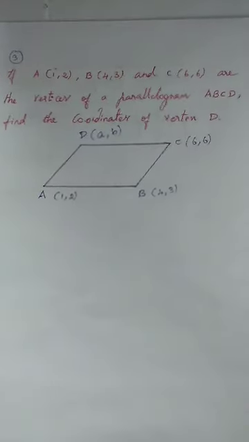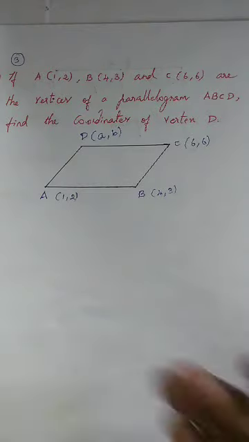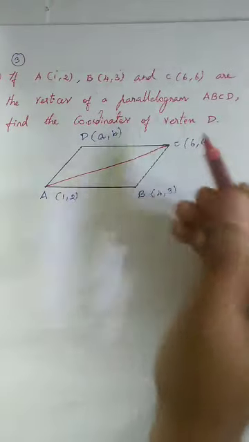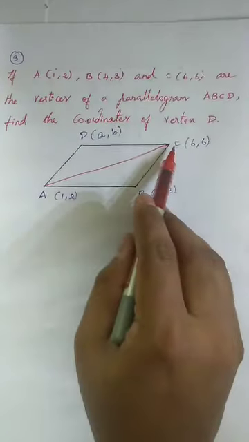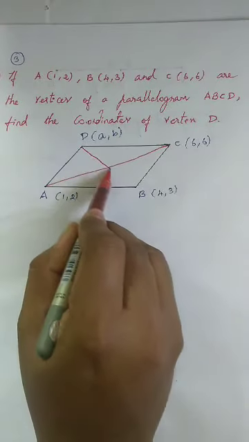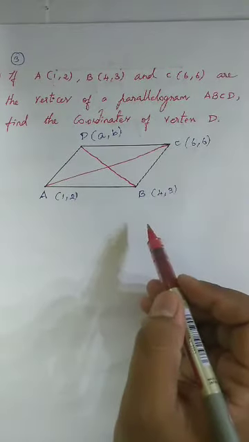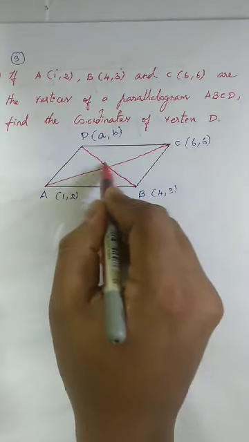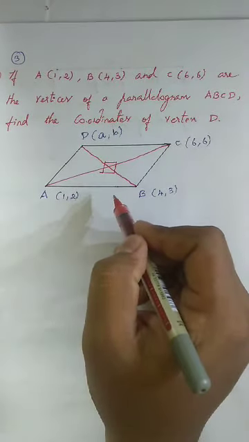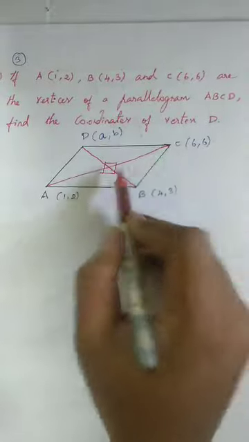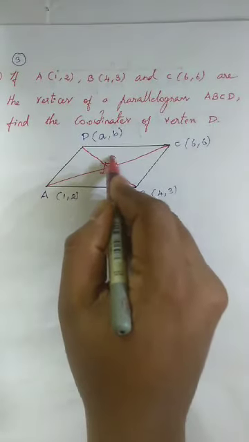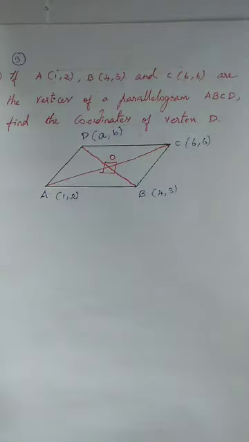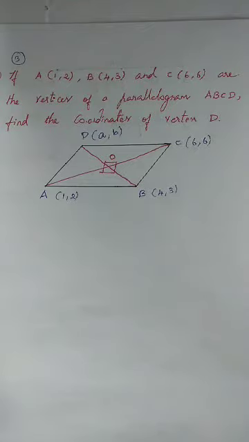Now how will you find the value of A comma B? We know that in a parallelogram the diagonals bisect each other at the same point. AC is a diagonal and BD is also a diagonal. Both intersect at a particular point, that is the midpoint. For AC, O is the midpoint, and for BD also O is the midpoint. So the midpoints will be the same.